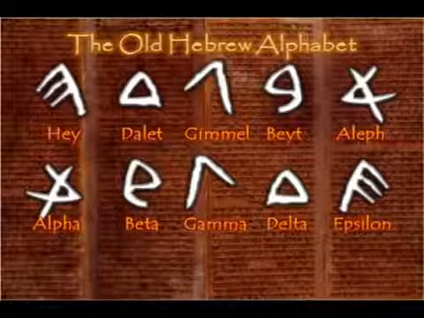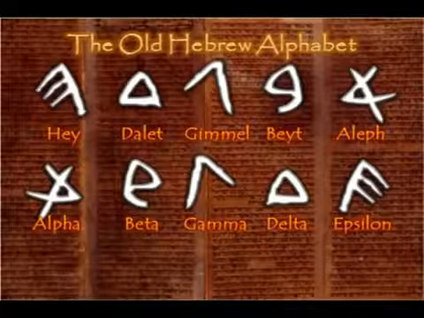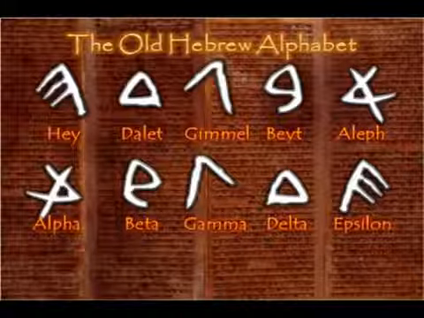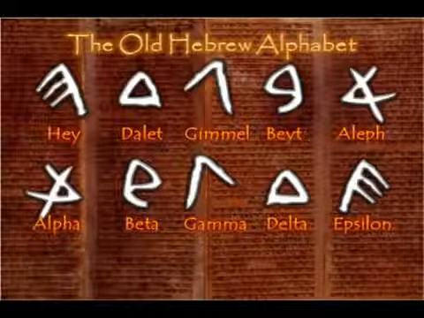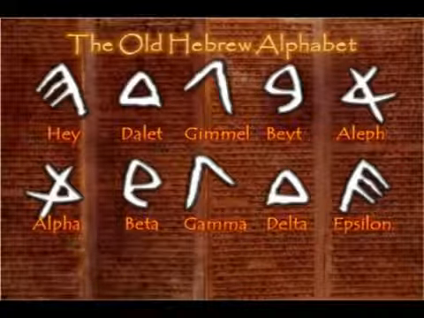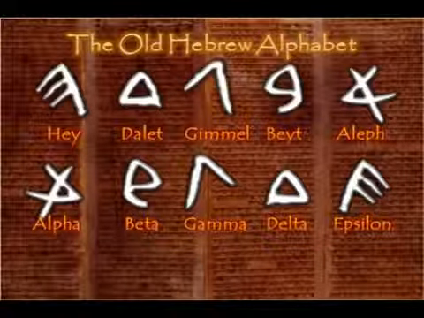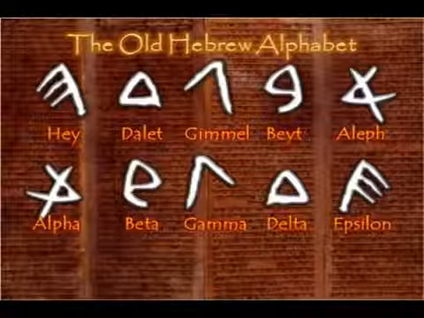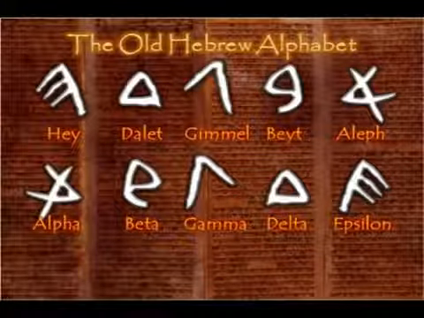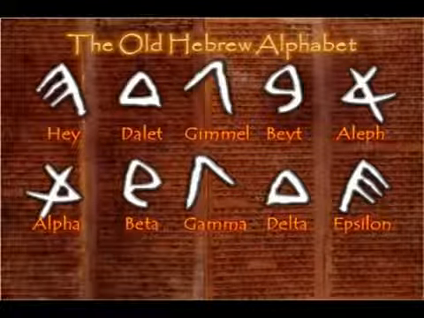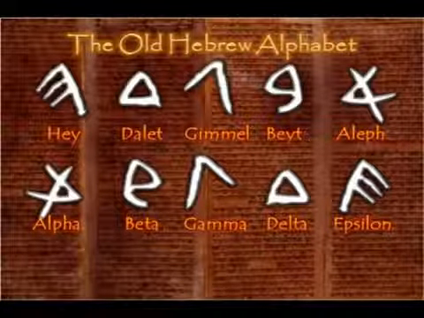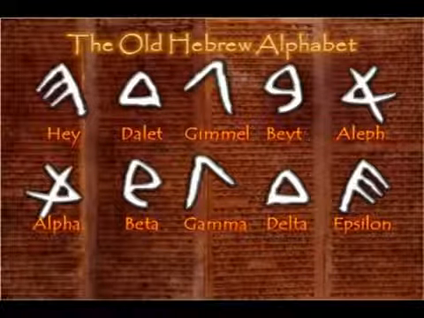Note that the original Hebrew names of these letters were retained for the Greek alphabet. The Aleph becomes the Alpha, the Bet becomes the Beta, the Gimel becomes the Gamma, the Dalet becomes the Delta, and the only exception is the He becomes in Greek Epsilon, which means plain E.